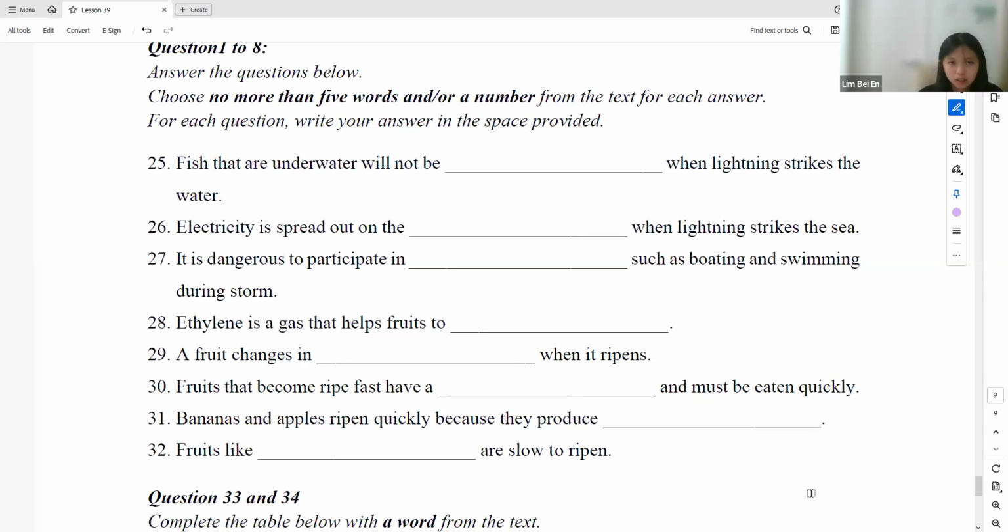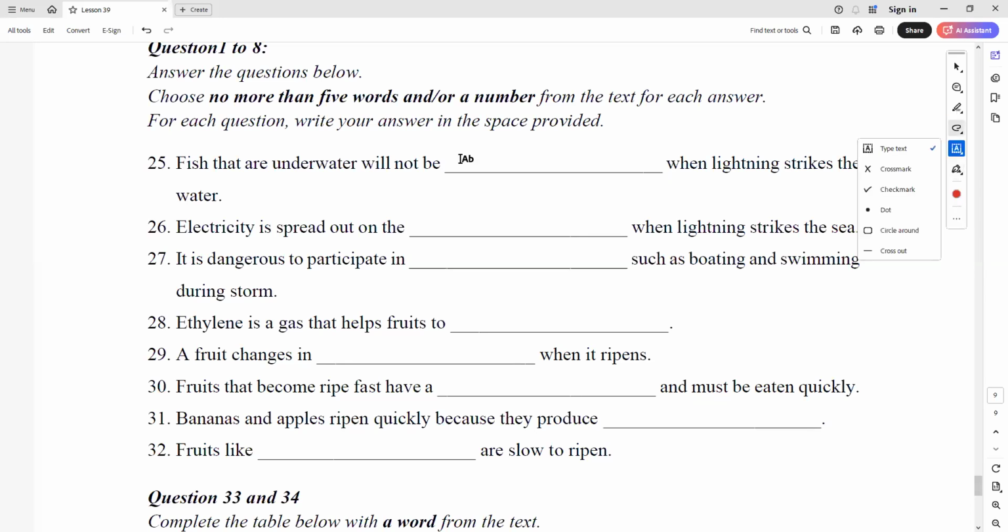Fish that are underwater will not be... will not be what? conductor of electricity. 你看看它不会吧，will not be what，不会被什么。Fish they are underwater will not be what when lightning strike the water，当这个闪电打在水上面的时候呢，那么它们不会怎么样，不会被电死，对不对？电死 is electrocuted.